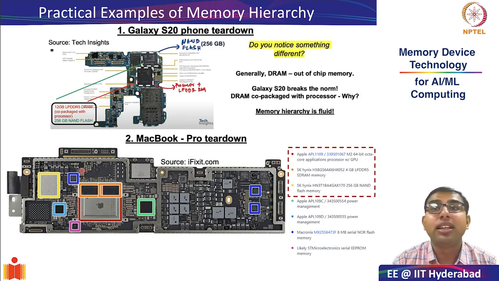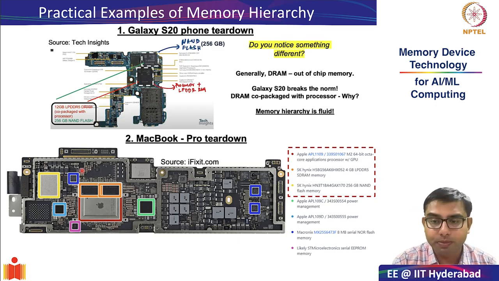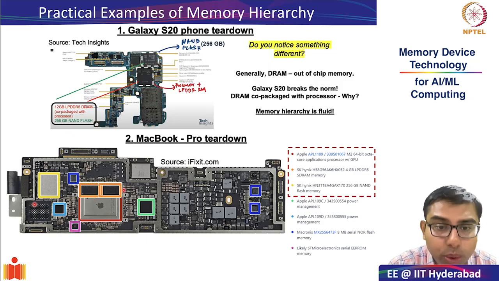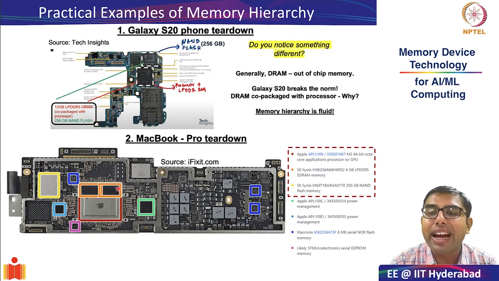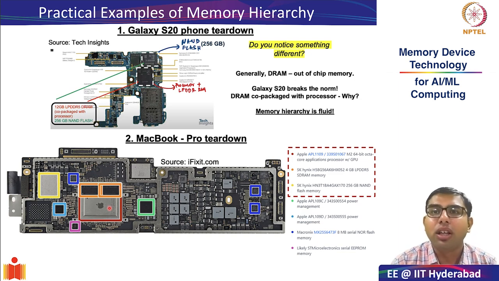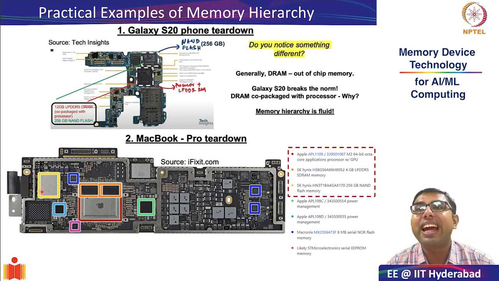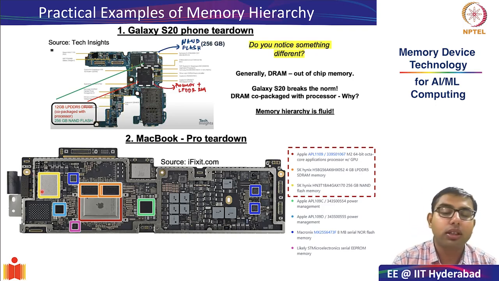SK Hynix, as we will see, is a large giant South Korean memory manufacturer, and they have a large market share in producing DRAM chips. As you can see, the DRAM chips are very tightly coupled to the processor.